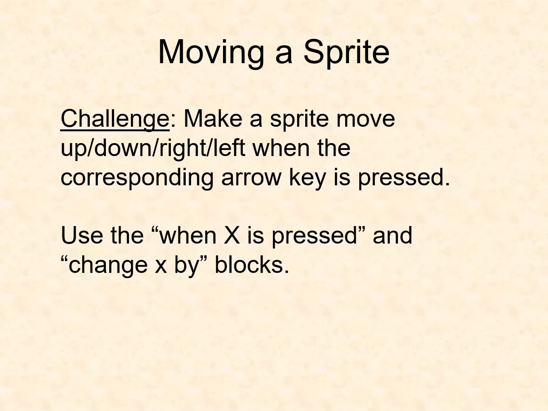For our first coding challenge, let's make a sprite move, either up or down or left or right, when one of those arrow keys is pressed. What we're going to do is we're going to look for the motion coding that says when a key is pressed, change either the X or the Y by so many increments.